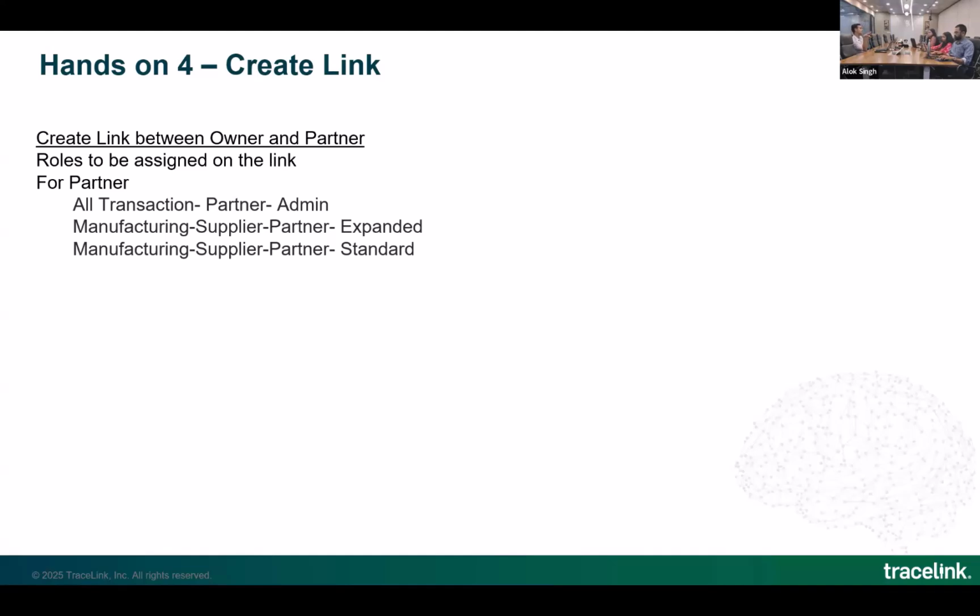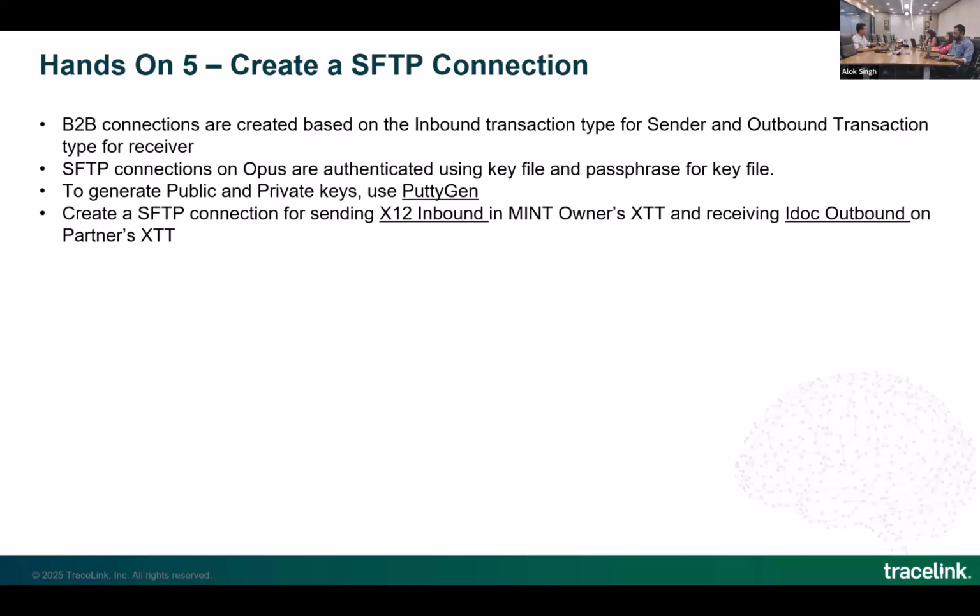These are available roles for an admin user on the partner side, and they can then decide from the partner side which user needs access to which type of role. But these are the roles that will be available for them for the owner's process network.